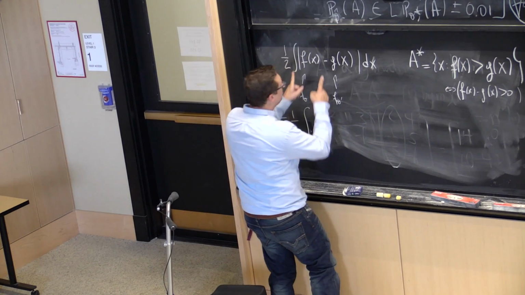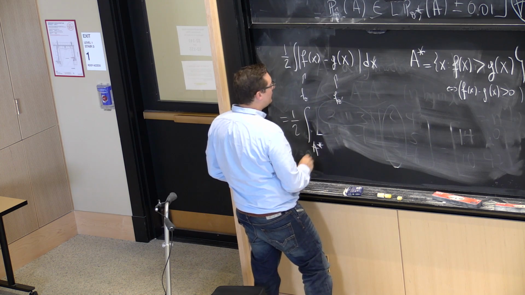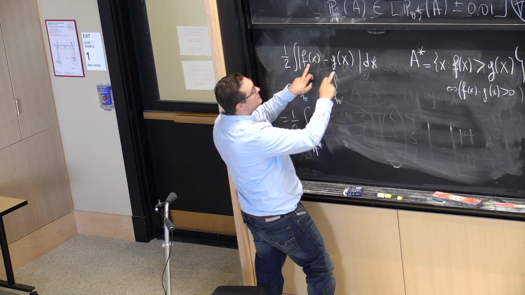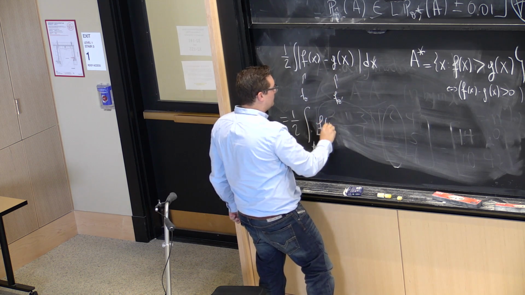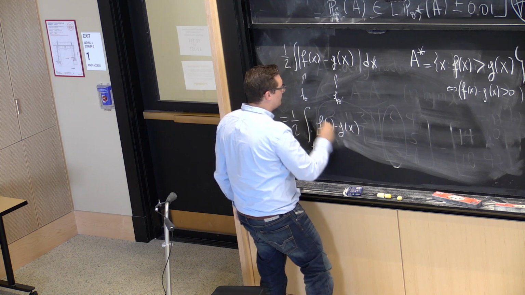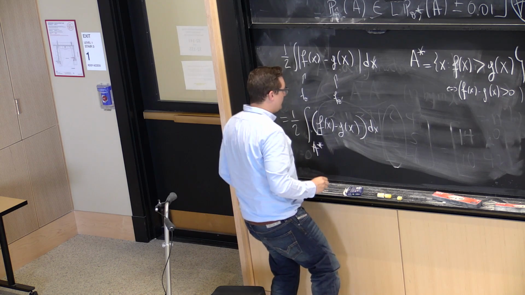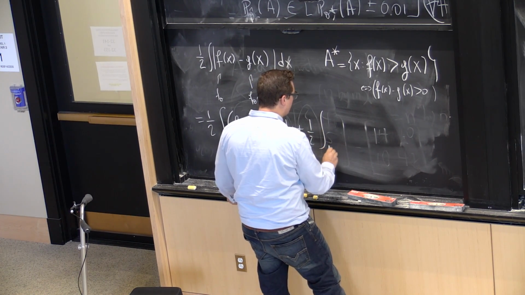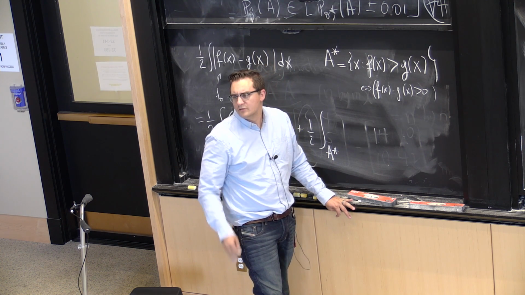Now I'm going to split my integral into two parts. On A star, f is larger than g, so the absolute value is just the difference itself. So here I put parentheses rather than absolute value. And then I have plus 1/2 of the integral on the complement. What are you guys used to writing for the complement, the c or the bar?